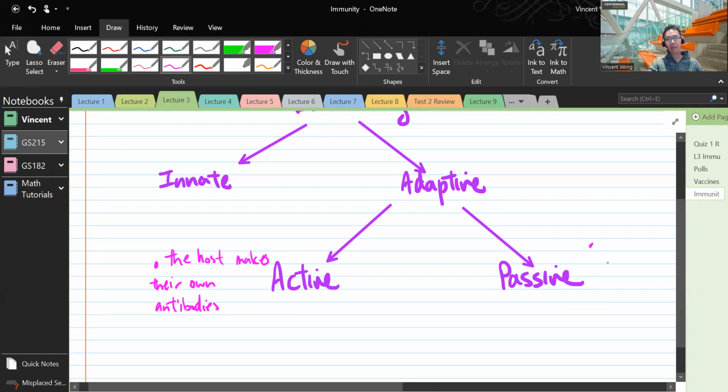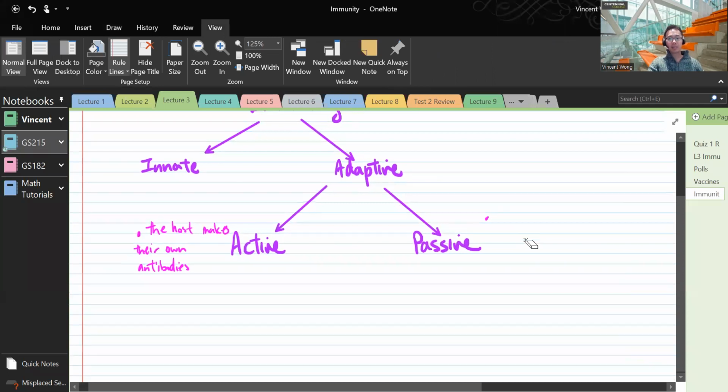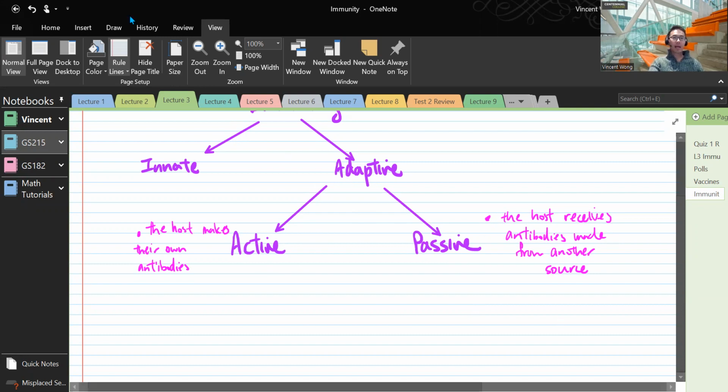In passive immunity, the host receives antibodies from another source, we would say. It doesn't have to be another person, it could be from animals, I think. So that's what active is and that's what passive is.